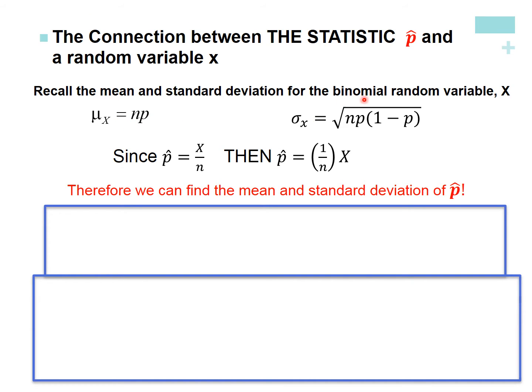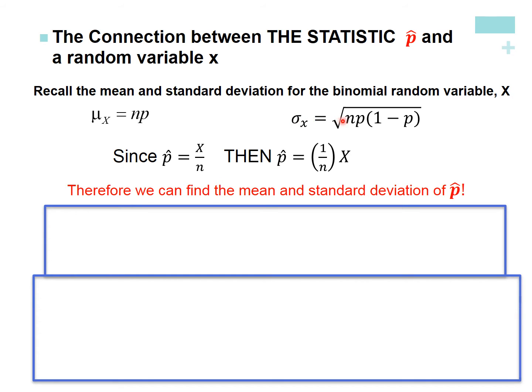So if you have talked about binomial random variables in a different class, the mean and standard deviation for a binomial random variable x, so random variable x is just going to be a count of successes and failures. The mean of a binomial random variable is n, your sample size, times p, the proportion.